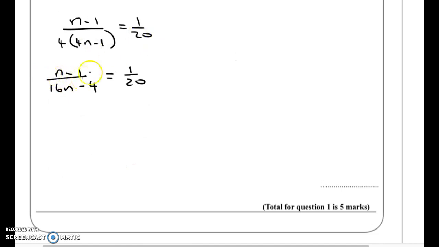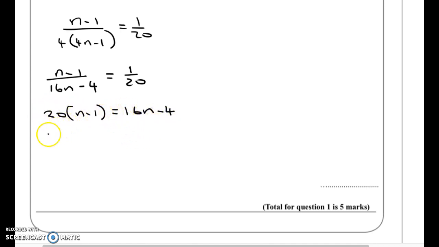So we can times everything by 20 to get rid of it here, and times this by 20 here. And we can times everything by this here, so we can get rid of it on this side, and we'll times it on this side. That gives us 20 times n minus 1 equals 16n minus 4.